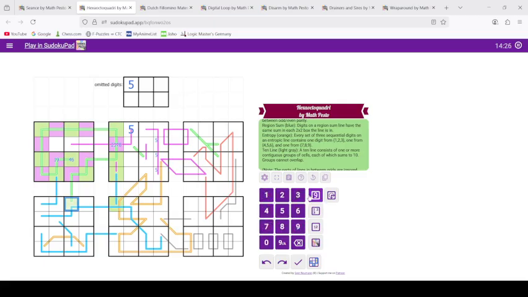That's green. One of those is the green 4-6.